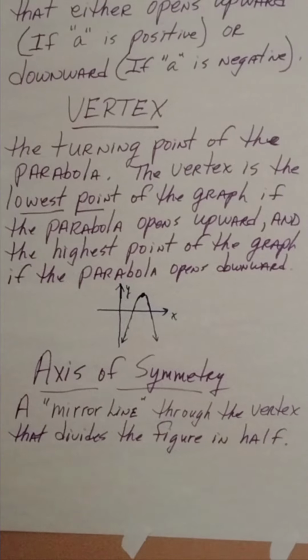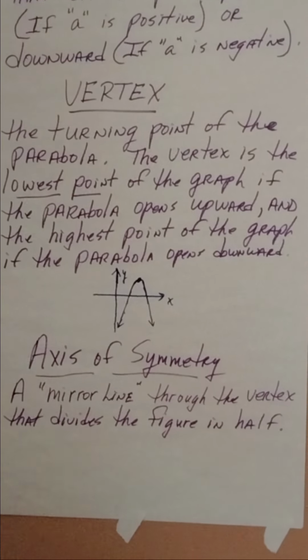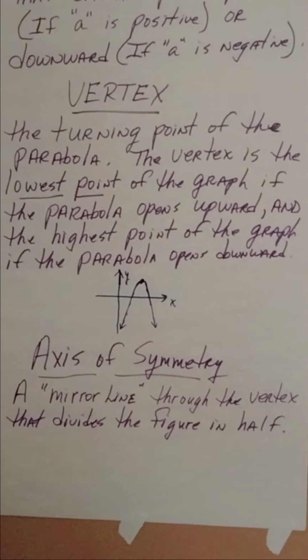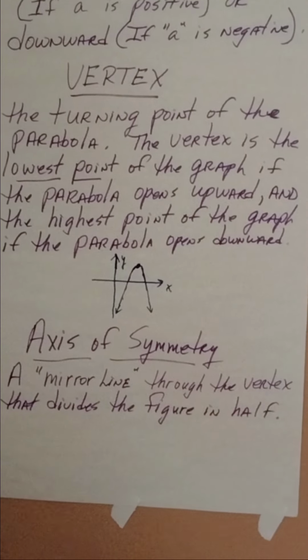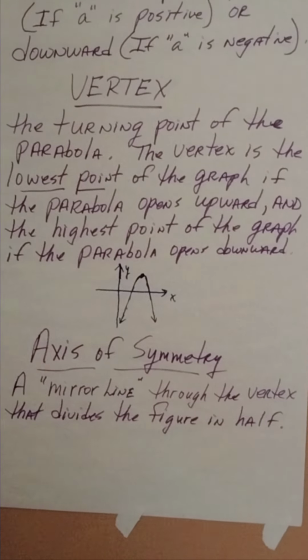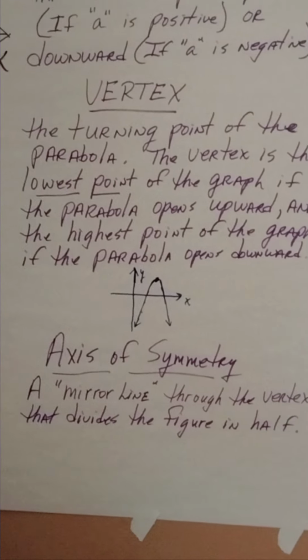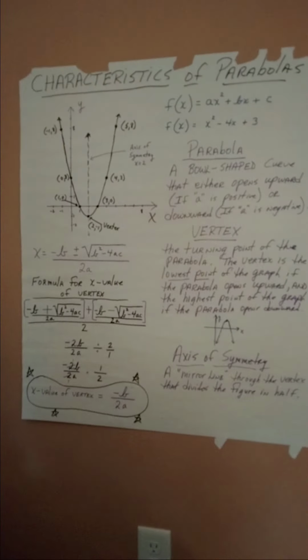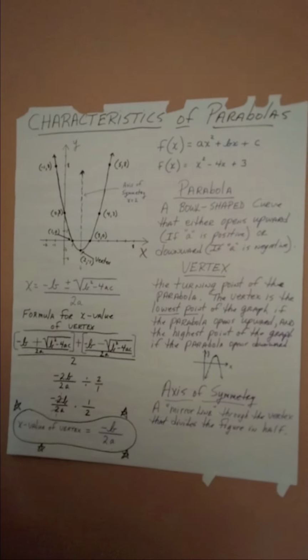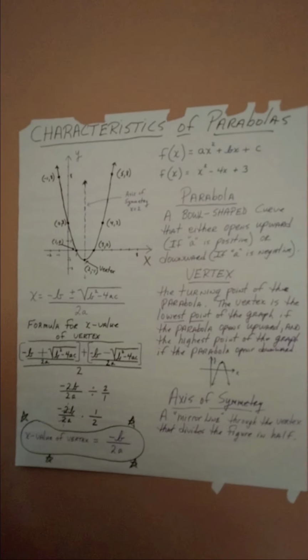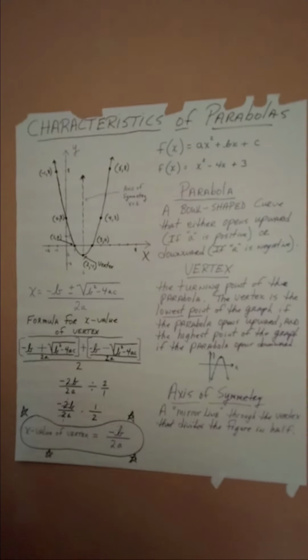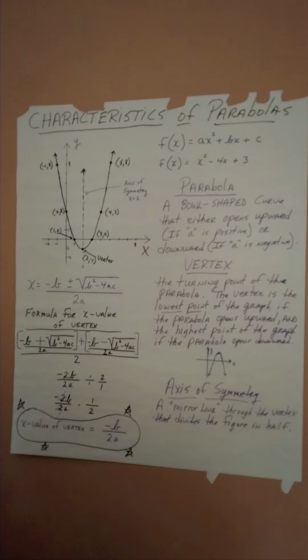A third characteristic of the parabola is this. The parabola is a very unique looking curve. It is a symmetrical curve, and I'll key in on that word symmetrical in a minute.